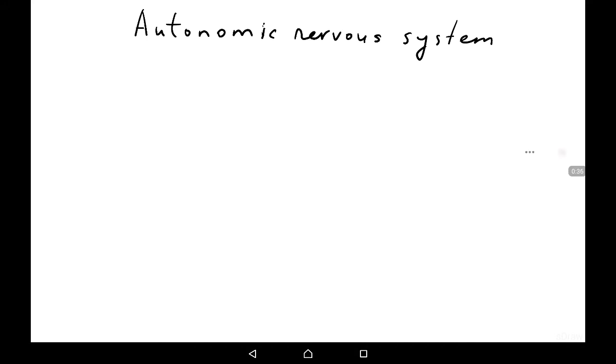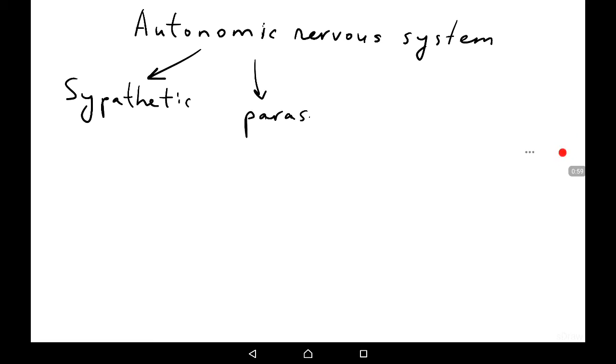The autonomic nervous system is divided into several divisions: sympathetic, parasympathetic, and also a third division that we call the metasympathetic division.